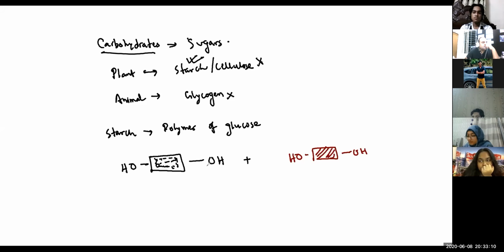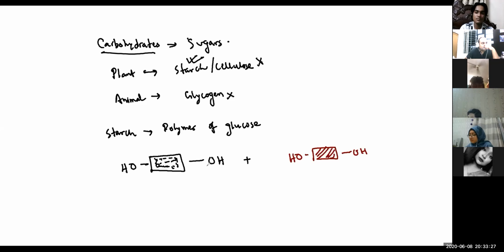Yes. So ester linkage, Yasrib, what were the functional groups? Sir, OH. Alcohol and carboxylic acid. Acha. So here it's alcohol and alcohol. ঠিক আছে?